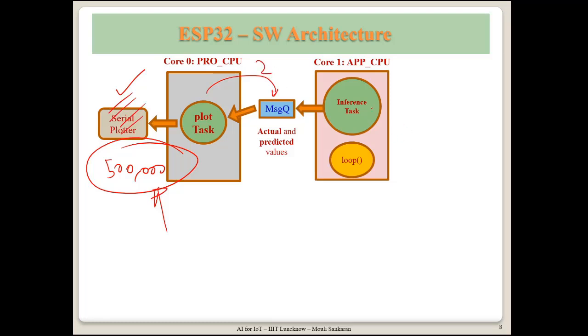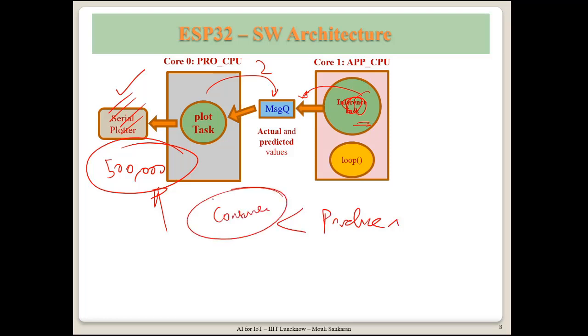Then the onus is on this fellow to produce the data for me. So if it is taking more time, no problem. Producer should take more time than the consumer, in the sense, okay, I don't know that I'm saying it rightly.